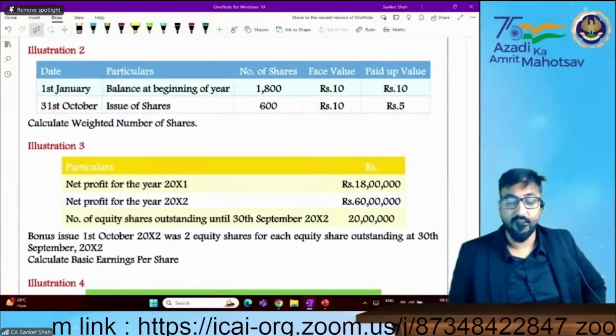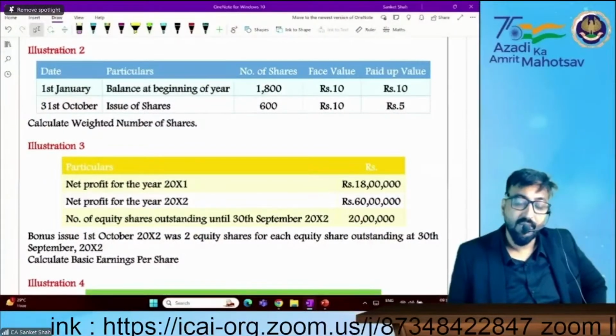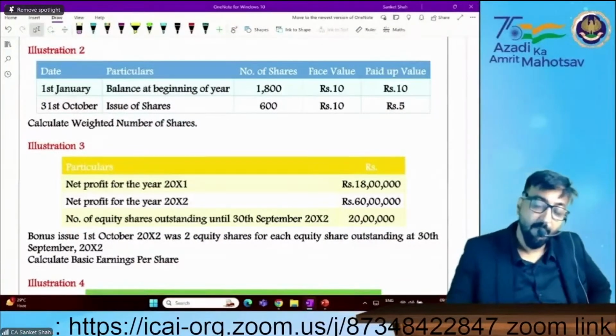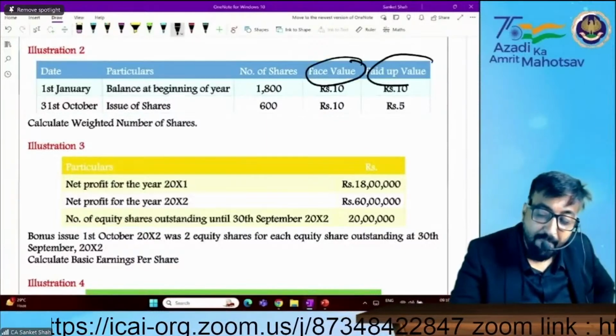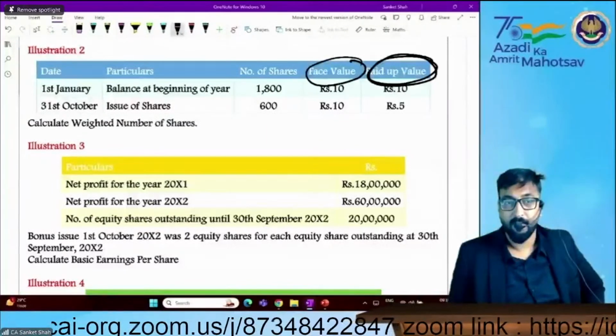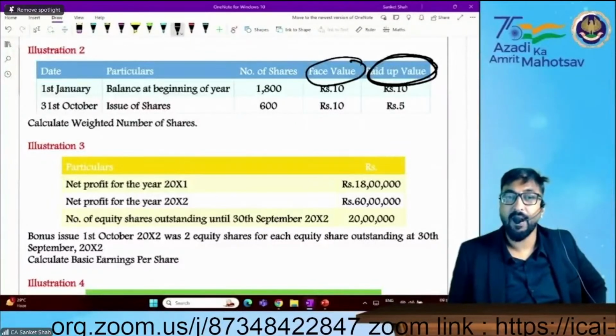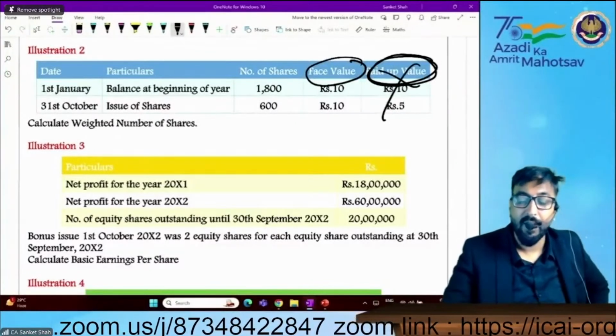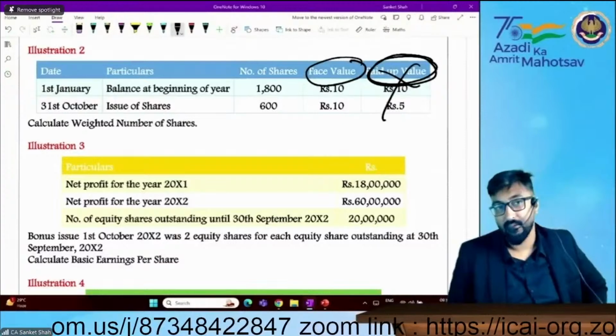One more question. Now see, face value and paid up value are different. Don't look at the paid up value for now, tell me the answer.